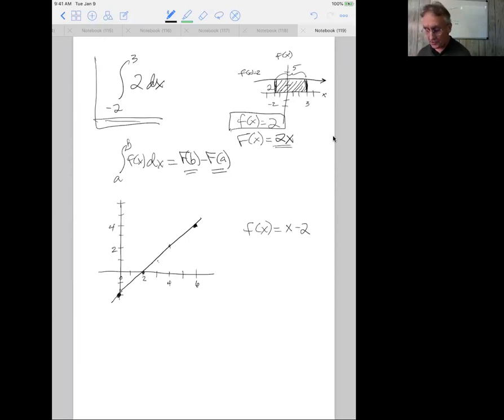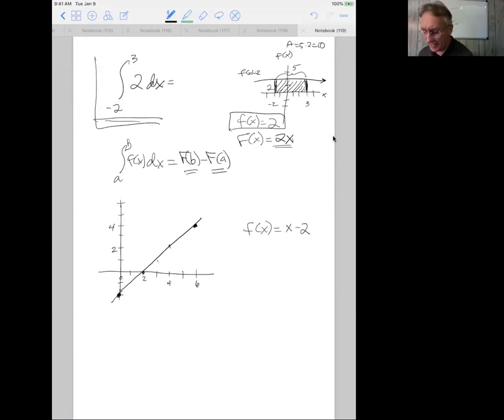So here's our integral. We've got this function right here. Here's the integral I'm asking you to take now, and this is what you're going to be asked to do consistently through the rest of the semester: the integral from -2 to 3 of 2. The answer should be 10. The area here is equal to 5 times 2, which is 10. But what do we get?